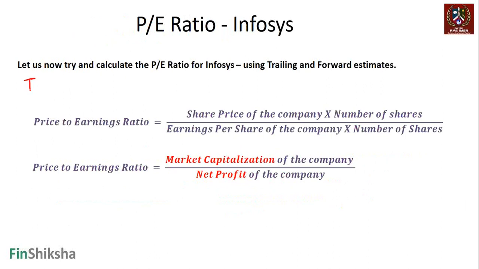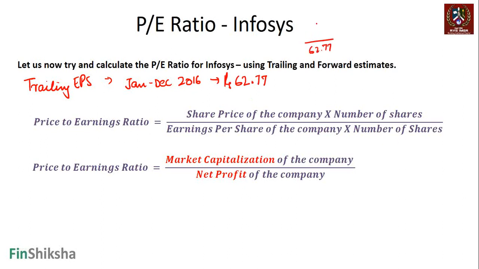If we remember from our previous section, we said trailing EPS for Infosys for the period of January to December 2016 is 62.77 rupees. So we have the EPS, that's 62.77. All we need to find out is the market price of the Infosys share today, and we should be able to calculate the trailing estimate.